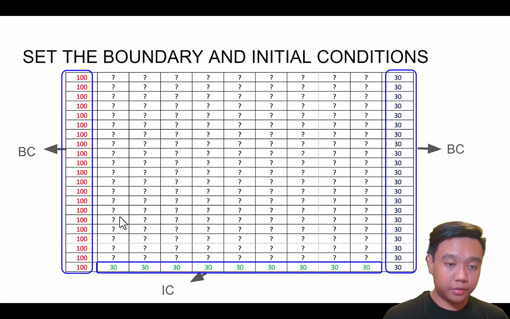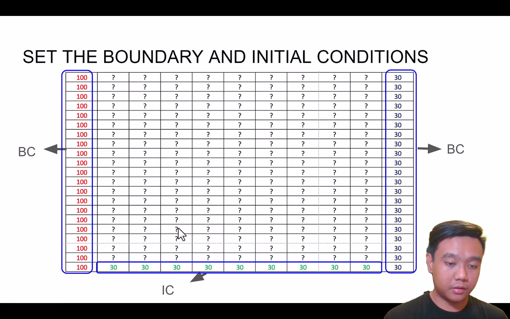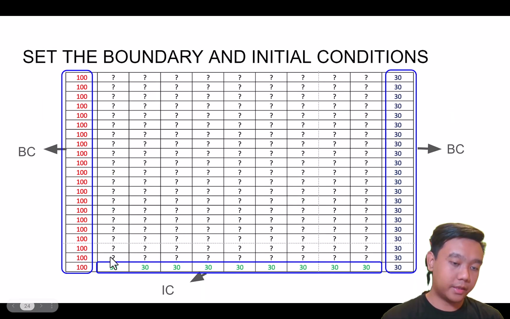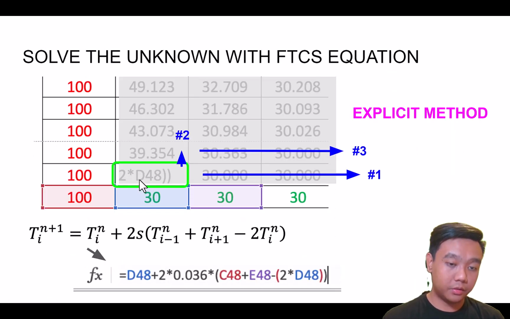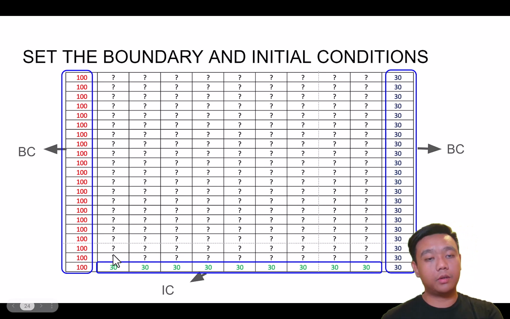Okay, by inputting this we can actually calculate this unknown box here. We can input the equation here to fulfill this field. Or maybe you can also calculate it simultaneously. We will discuss it later.